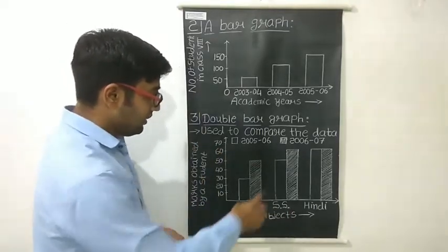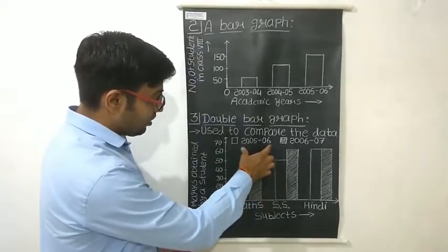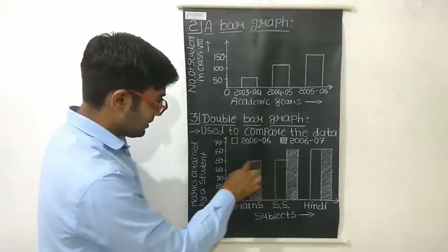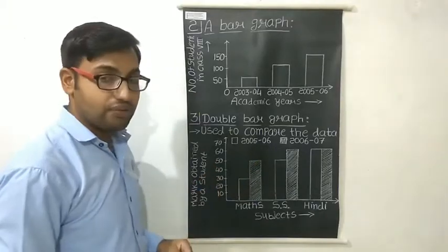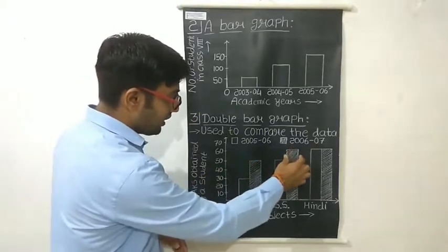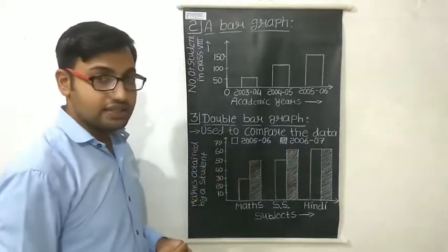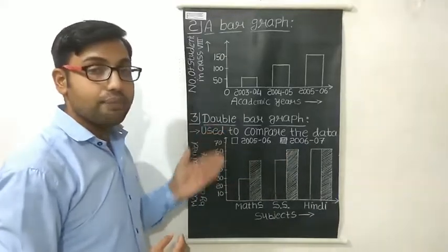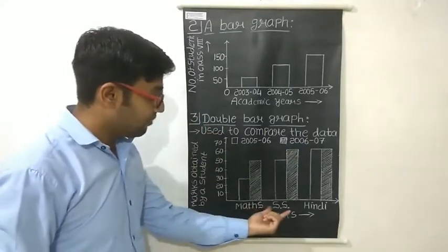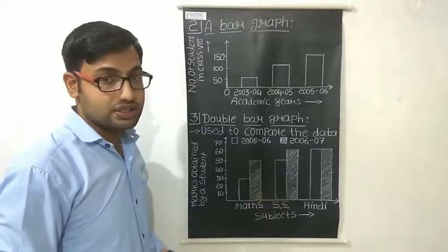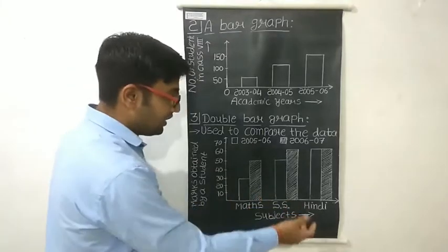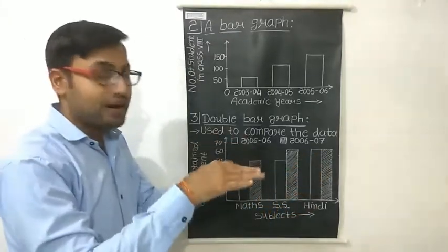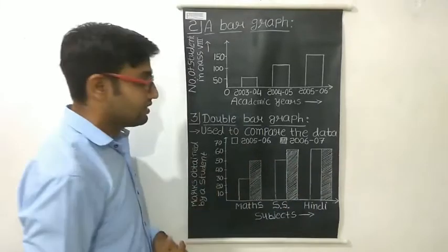Second, in social study, in 7th standard or in 2005 to 2006, he or she has 50 marks, but in the next academic year he or she has 60 marks. 10 marks are upgraded in social study. In Hindi, see, both the bars have the same height and both are 60 marks.